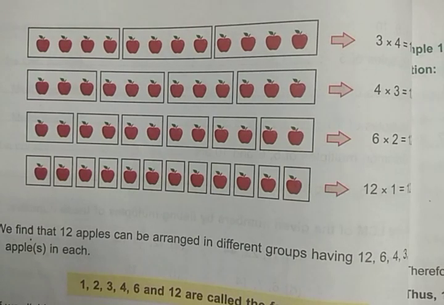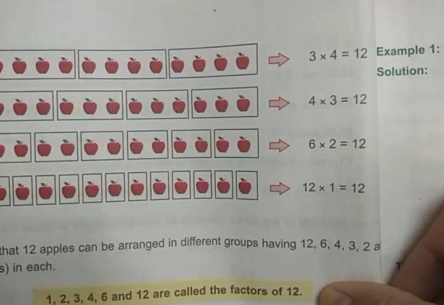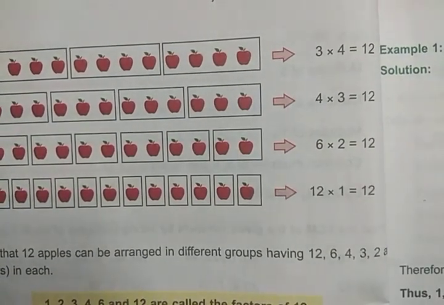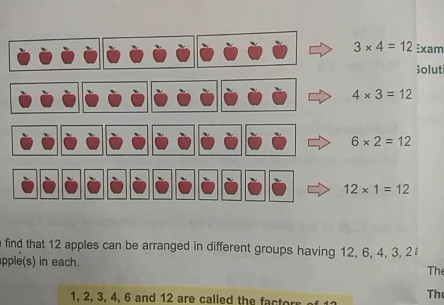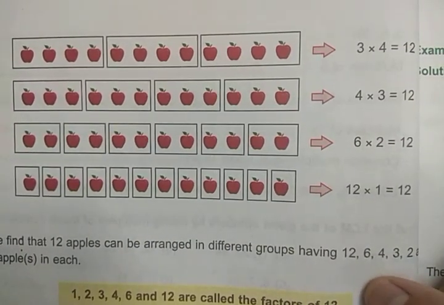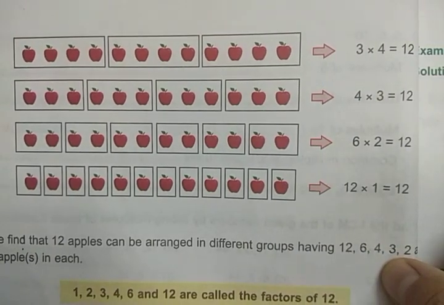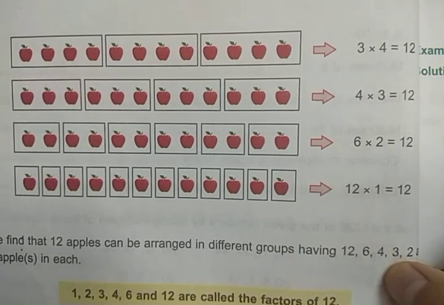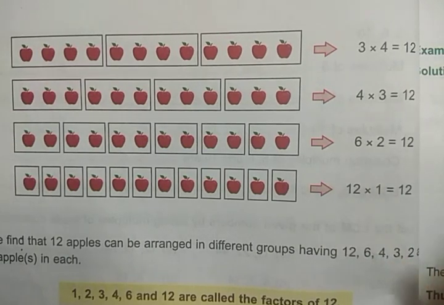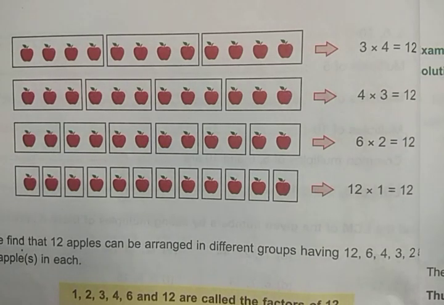That is, first of all, we have divided into one group having 12 apples. Then into 2 groups having 6 apples each, then 3 groups having 4 apples each, then 4 groups of 3 apples each, then 6 groups of 2 apples each, and then 12 groups having 1 apple in each group.